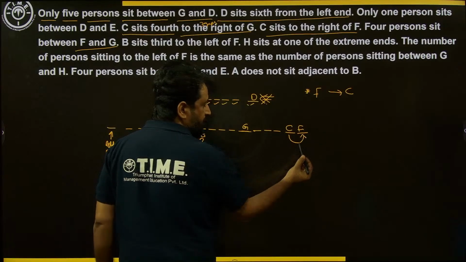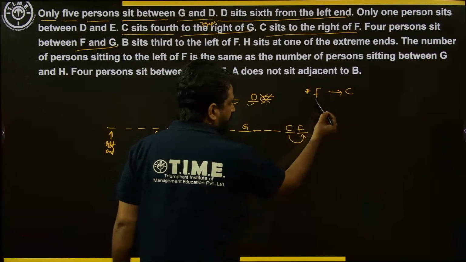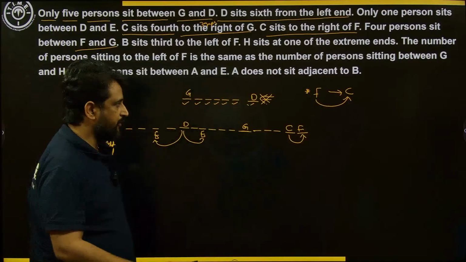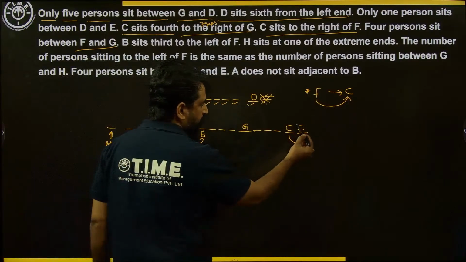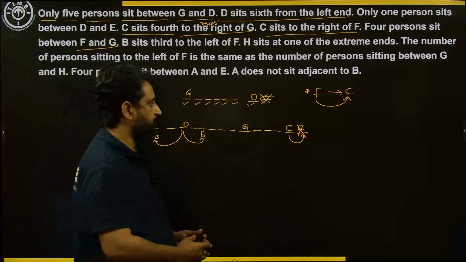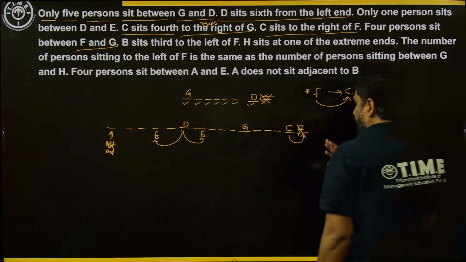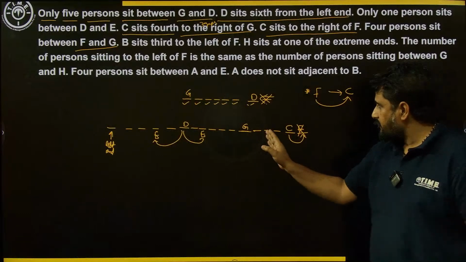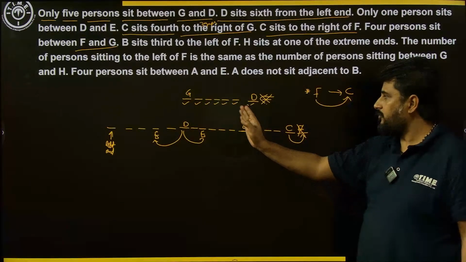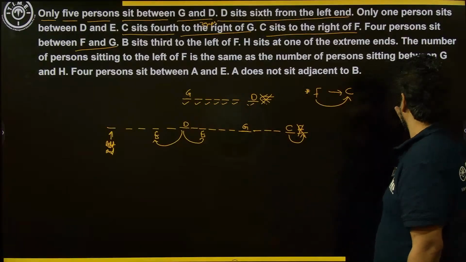F is right side of C. But we have information that C should be right side of F, which means this definitely cannot be F. So we can say that right side of G, F cannot be to the right side of G. F has to be to the left side of G.